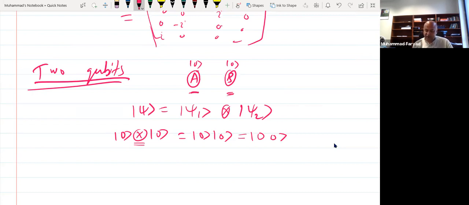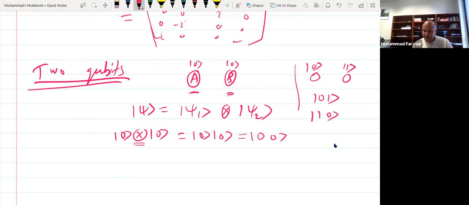Similarly, if you have 3 qubits, you can write the state that way as well. But let me warn you about one thing: some people have the opposite convention. For example, if this is a qubit with state 0 and this is a qubit with state 1, some people would write it as 0 1, and some people would write it as 1 0.